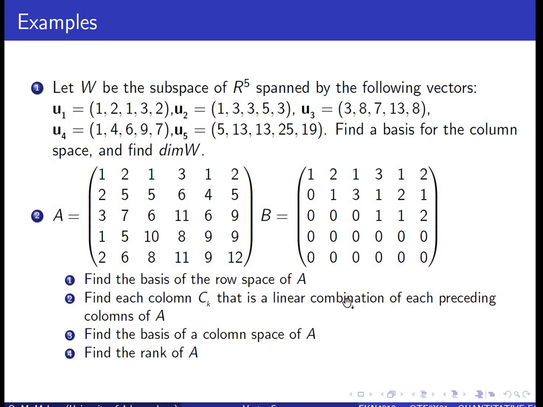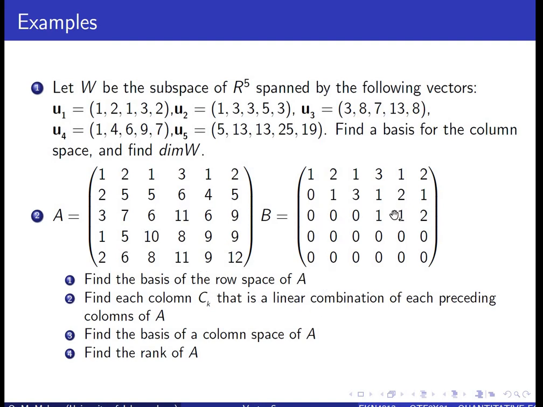What I've seen sometimes in tests is that students will give me the reduced form, like 1 2 1 3 1, 2 0 1 3 1, as the basis of the row space. But I prefer you to write your row space in terms of the original matrix. For instance, I want it to be 1 2 1 3 1 2, 2 5 5 6 4 5, 3 7 6 11 6 9. That's what I'm looking for.